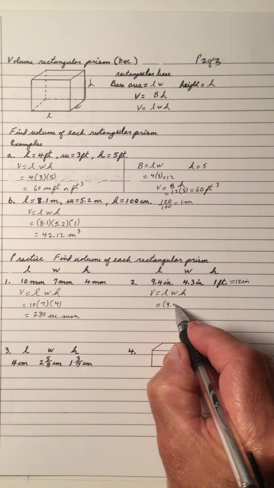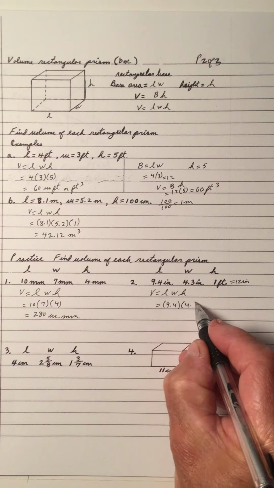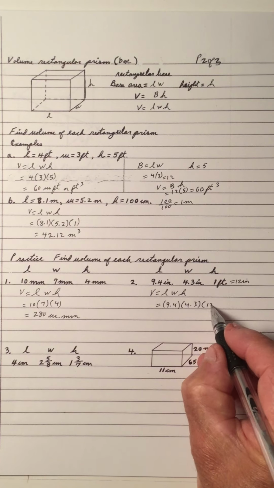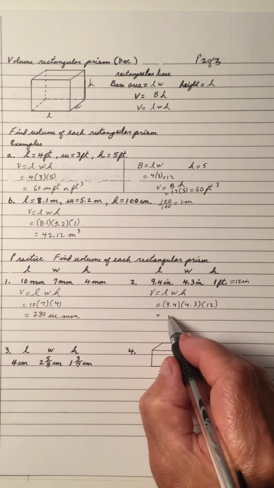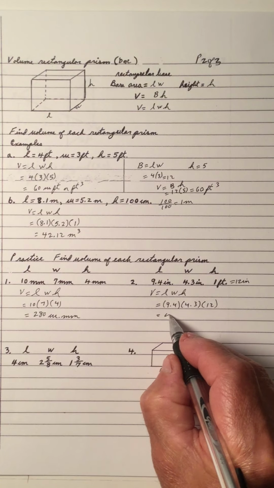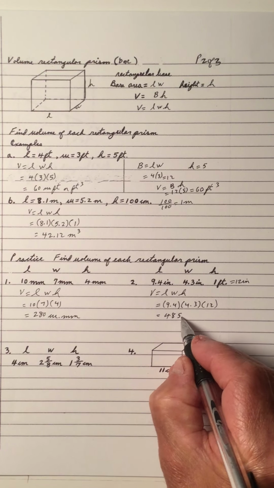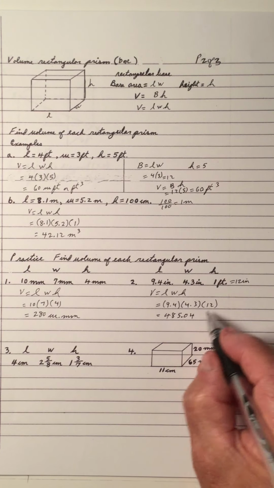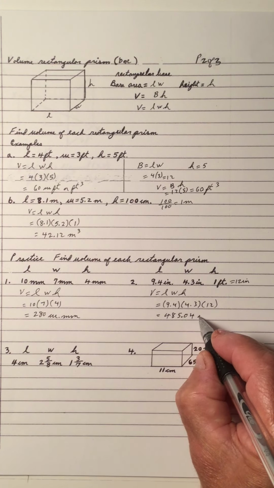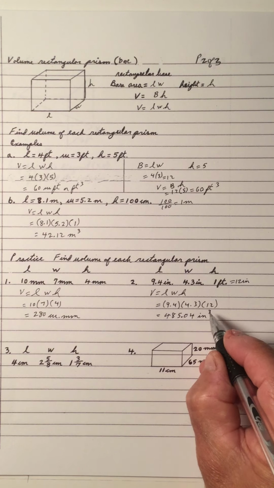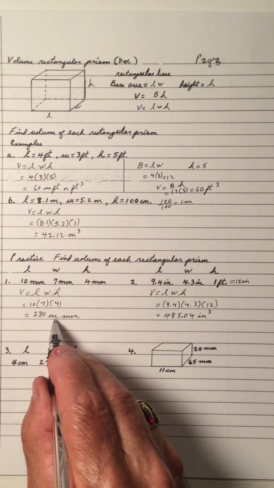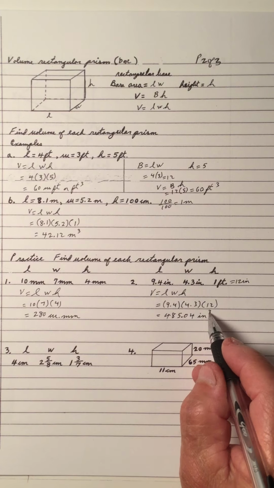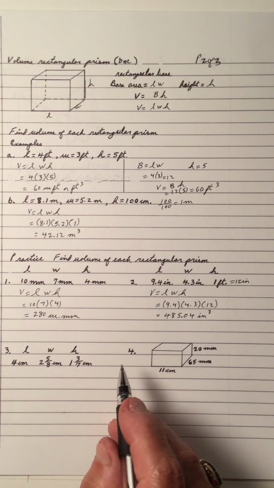That's 9.4 times 4.3 times 12. And when you multiply all that out with a calculator, you get 485.04. And it's in inches, so we can say inches cubed or cubic inches, your choice. I vary in using cu as cubic or to the power of 3, either or.